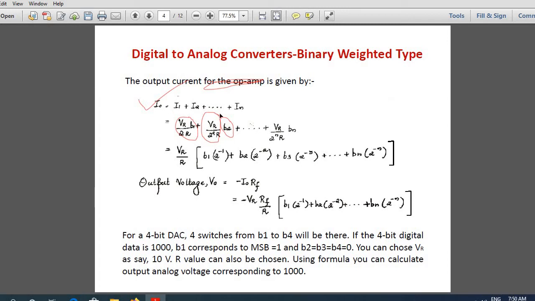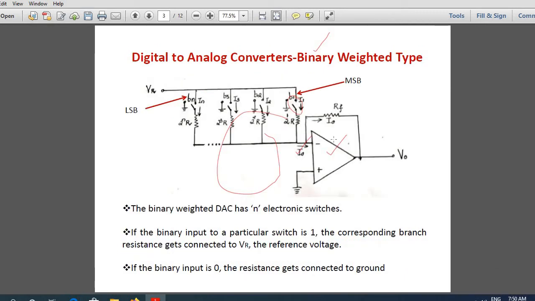Now, we have come up with the equation for I0. We can now calculate the output voltage of the circuit. Look here. This current is coming as input to the op-amp. Now, what is the total output voltage? This current will flow through RF and that will be your output voltage.